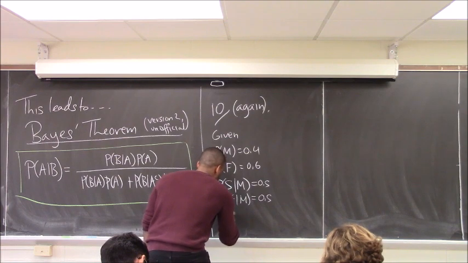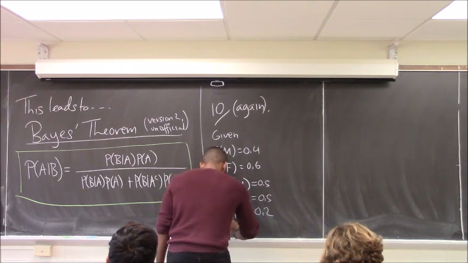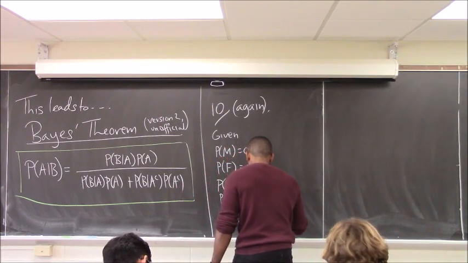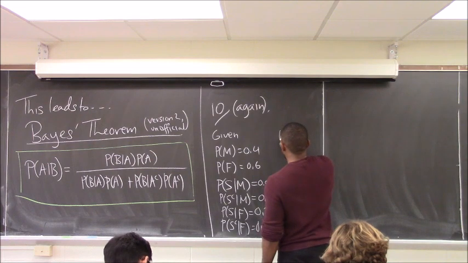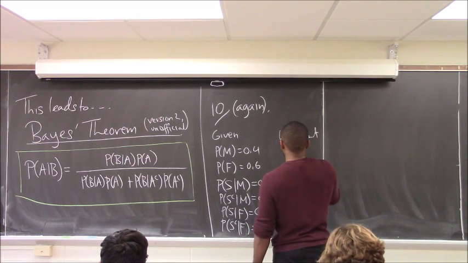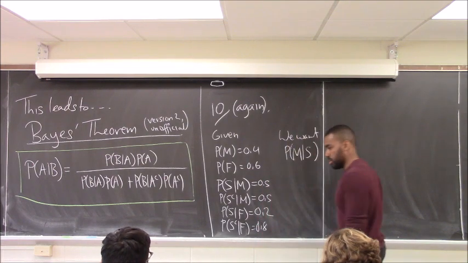The probability of you being a smoker, given that you're a female, was 0.2. The probability of you not being a smoker, given that you're a female, is going to be 0.8. And we wanted the probability of, if we chose a smoker, what is the probability that they're male?